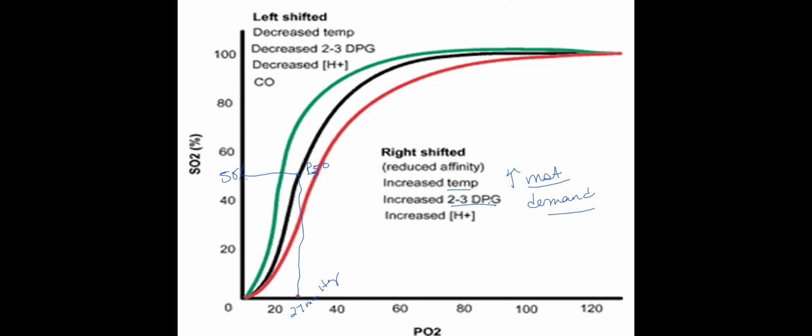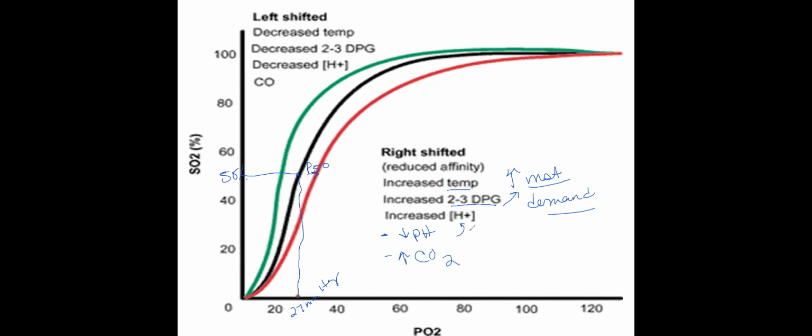I wonder what 2,3-DPG is, and how does that indicate an increase in metabolic demand? And then an increase in hydrogen ion concentration. So with that, we can add to this list by saying anything that decreases the pH, because that's going to produce an increase in hydrogen ion, and an increase in carbon dioxide.